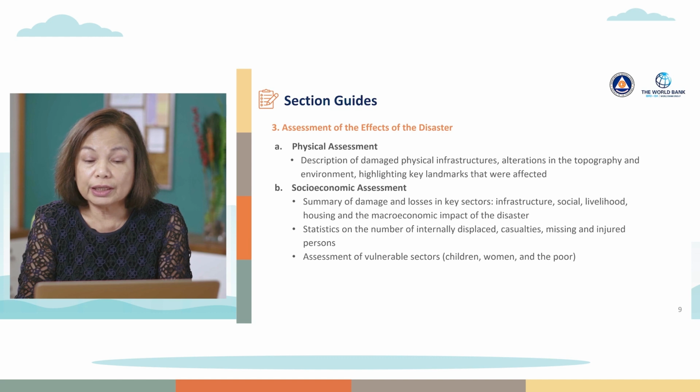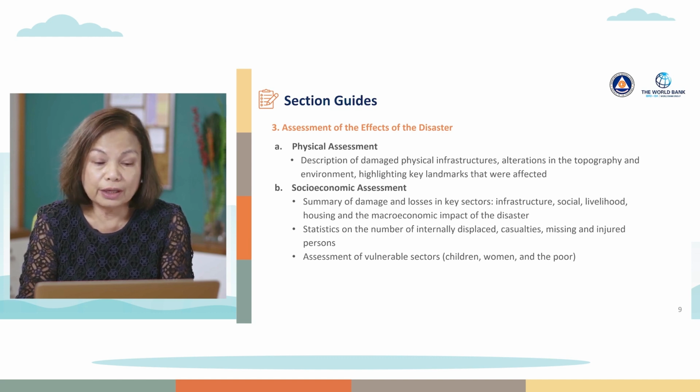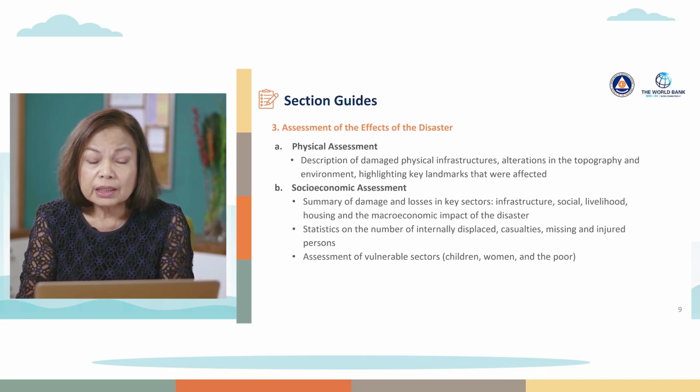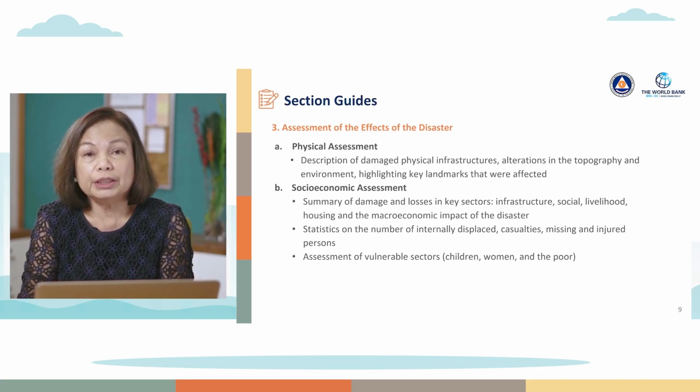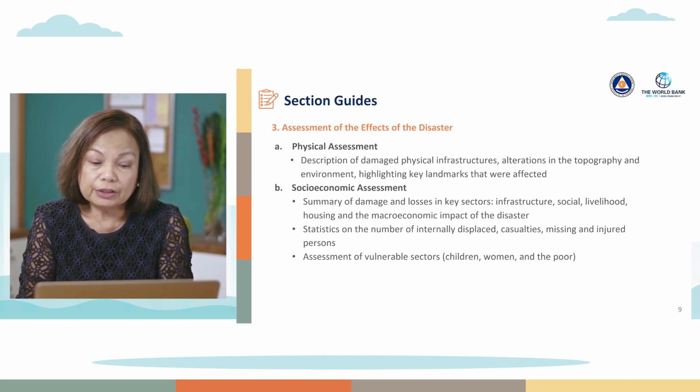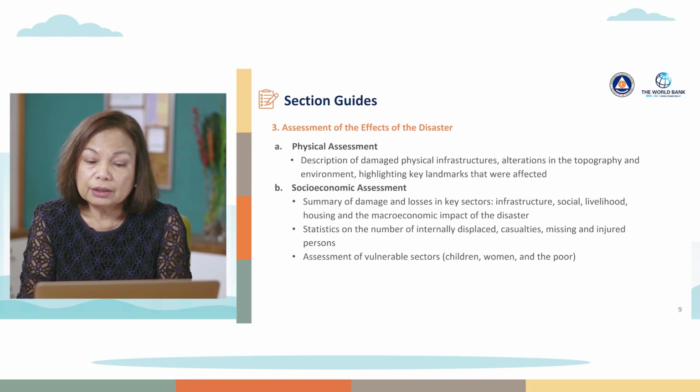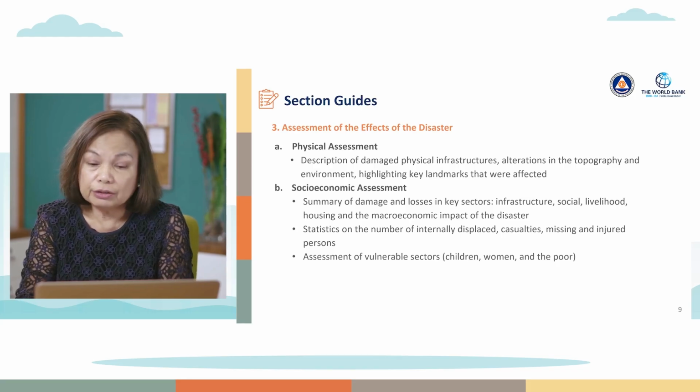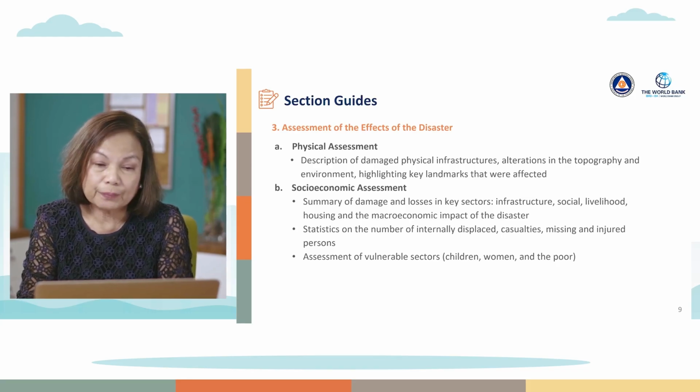Assessment of vulnerable sectors, which includes the children, women, and the poor. Again, the information will come from the PDNA that was prepared before. However, we should highlight the human recovery needs, which is also available from the PDNA.